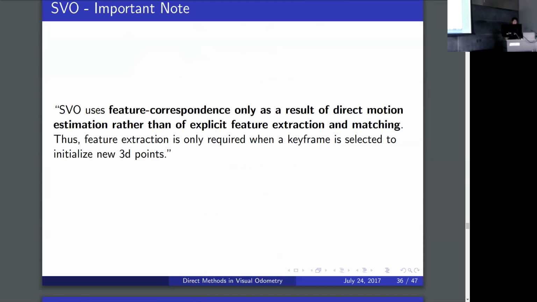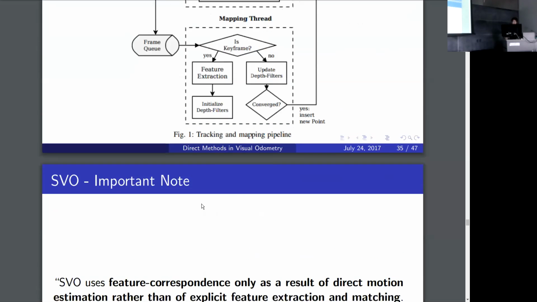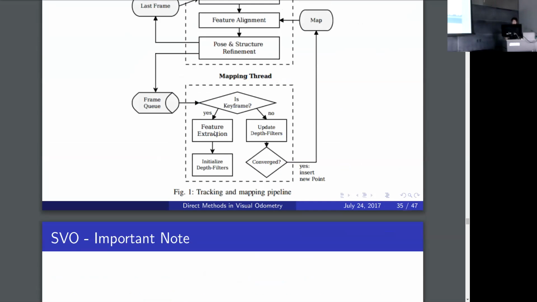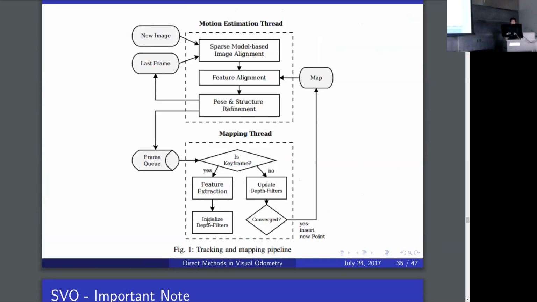It's important to note that the feature correspondence is only used to generate points in the keyframe and also initialize the depth filters, which will be used for feature alignment.